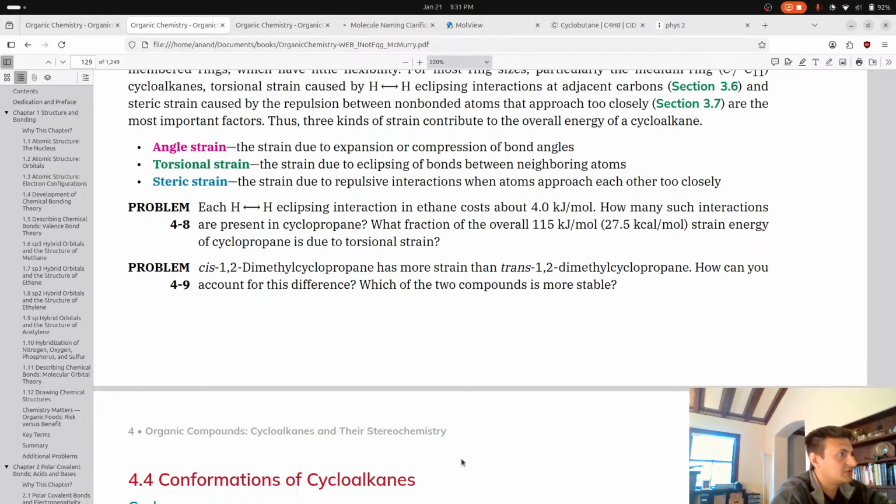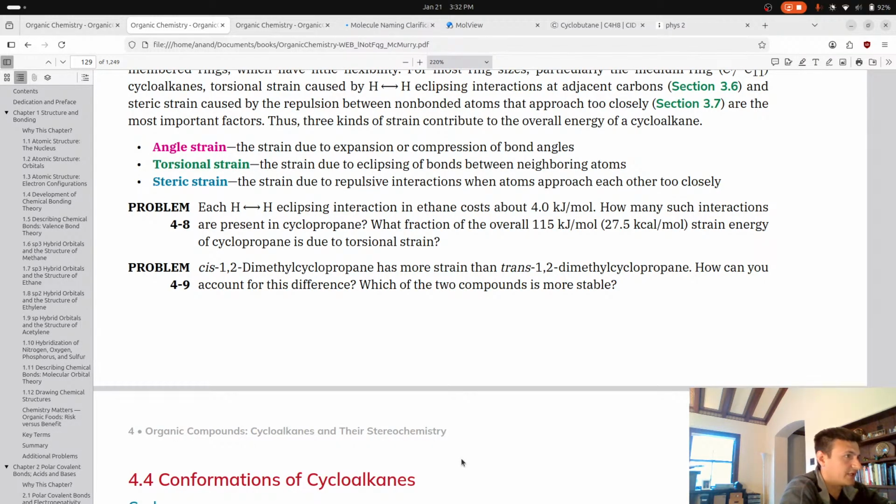Cis-1,2-dimethylcyclopropane has more strain than trans-1,2-dimethylcyclopropane. So hold on. I'm going to draw this triangle like this.